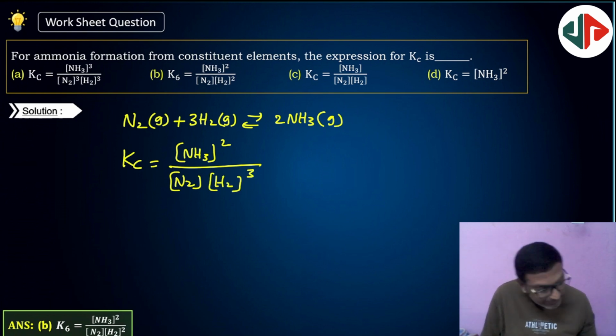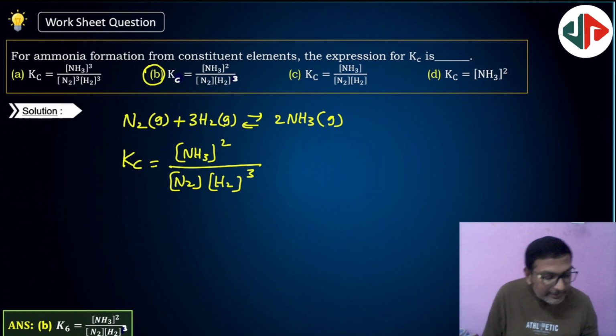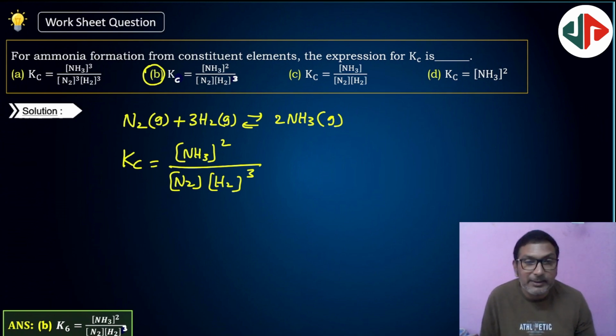So here it should be H2 concentration power 3. Next, in option B also H2 concentration power 3. So option B clearly. Here it should be Kc. Kc equals NH3 square by N2 into H2 power 3. Option B.